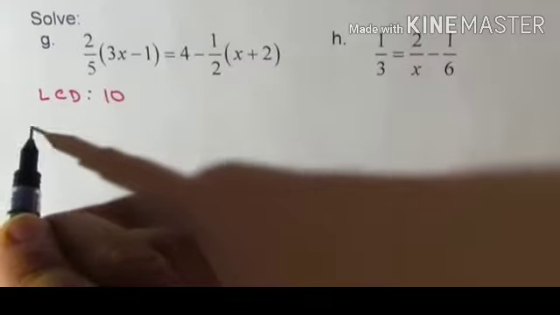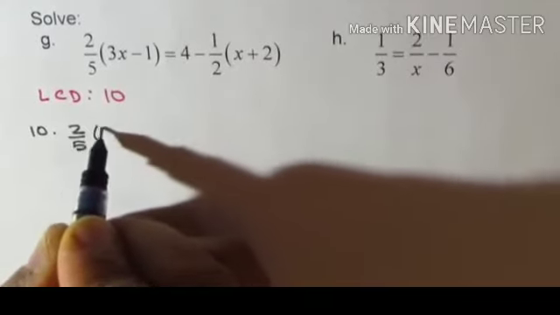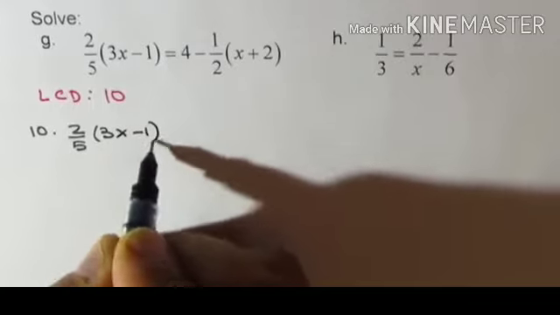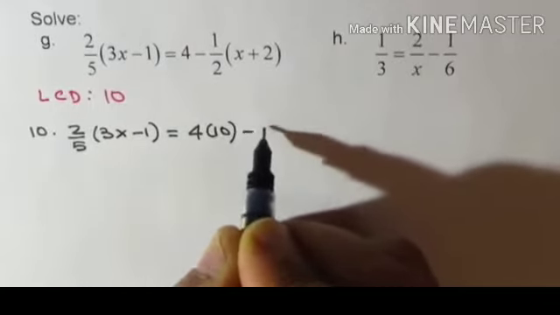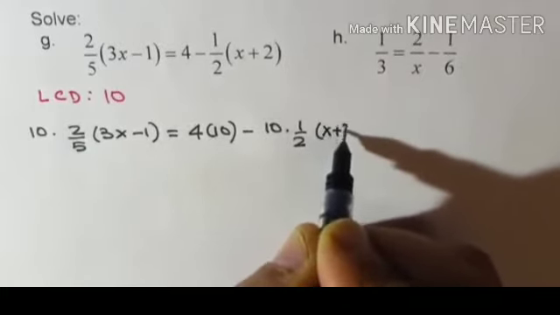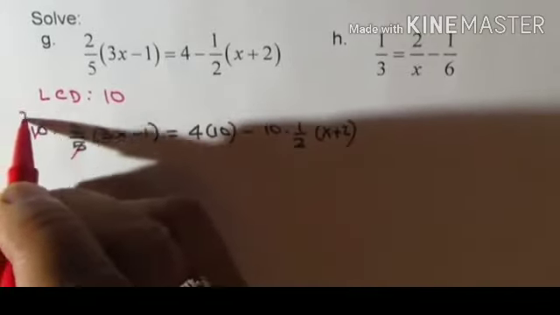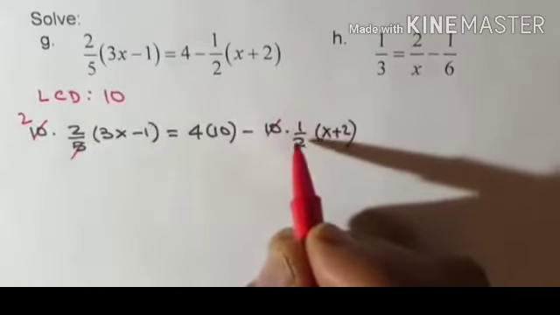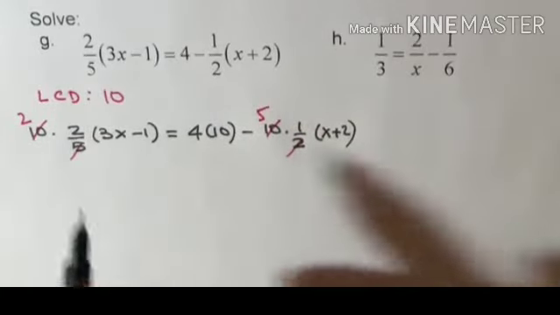So what we get here is 10 times 2 over 5 times (3x minus 1) equals 4 times 10 minus 10 times half (x plus 2). Now when you simplify, 10 goes 2 times with 5 and 5 times with 2. So 2 times 2 is 4.